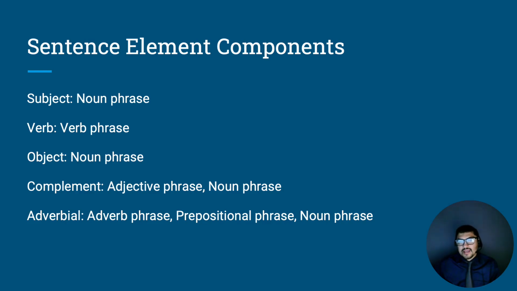Prepositional phrases, and we said that these were prepositions plus a noun phrase. So at the train station, in my car, at the house. And adverbials can also be noun phrases on certain occasions, especially if the noun phrase is giving us information about place and time, such as next week is a noun phrase, and it is giving us information about time.